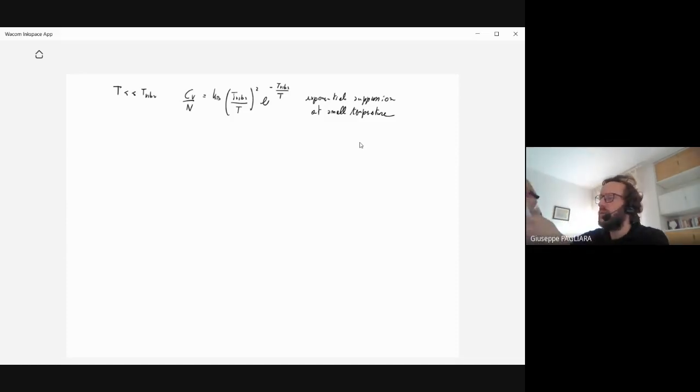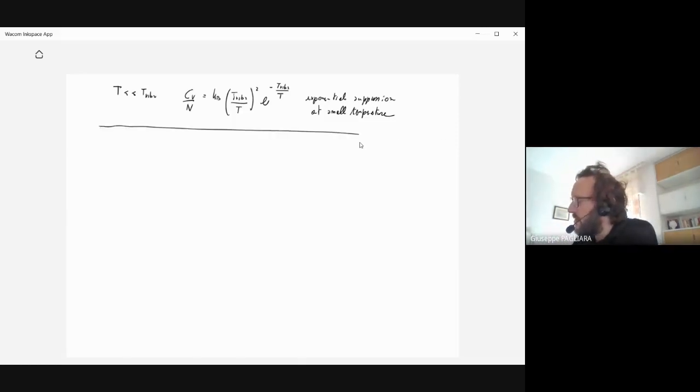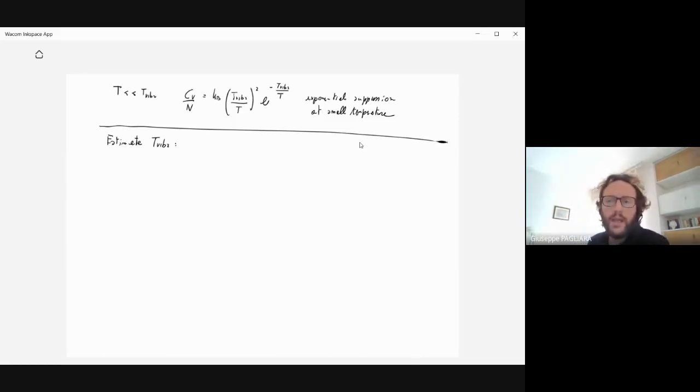Now, what is interesting to do is to try to estimate what this T vibrational is, in order to see more or less the temperature above which I can excite these degrees of freedom.